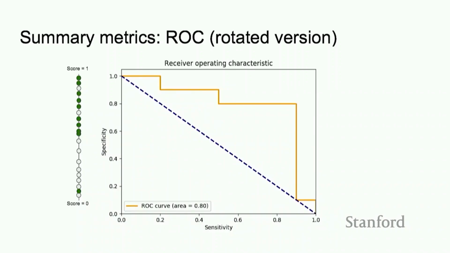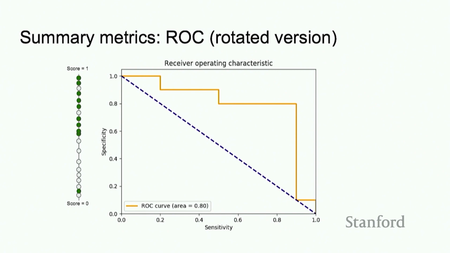There's another interpretation of the area under the ROC curve. Supposing you choose a random positive example, and then separately you choose a random negative example.